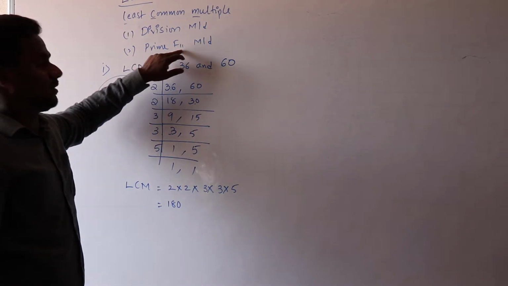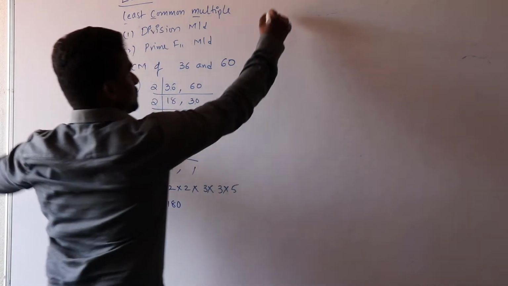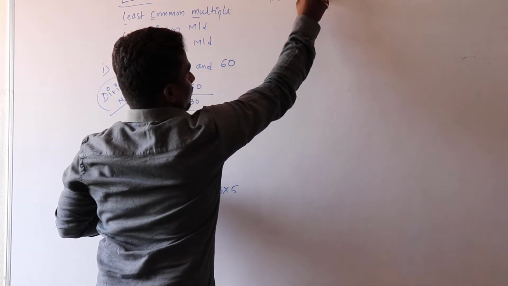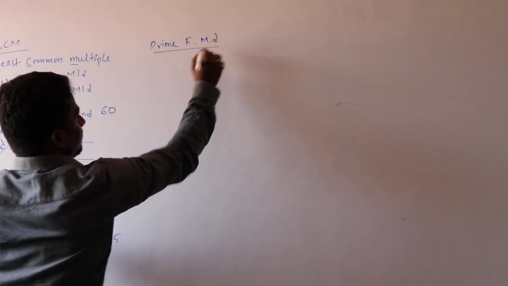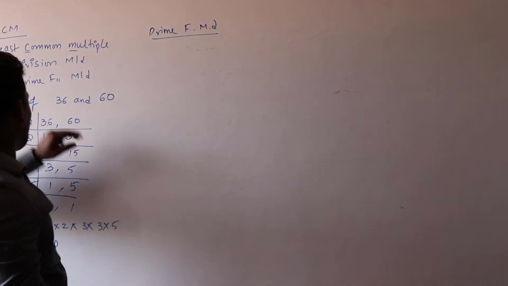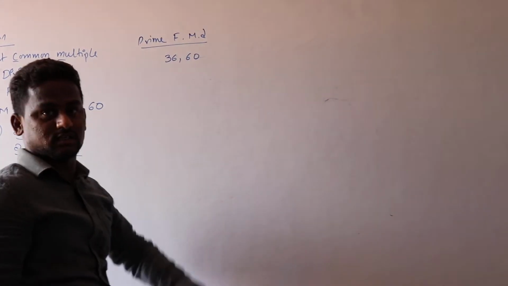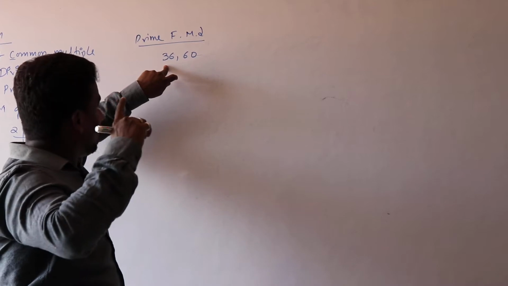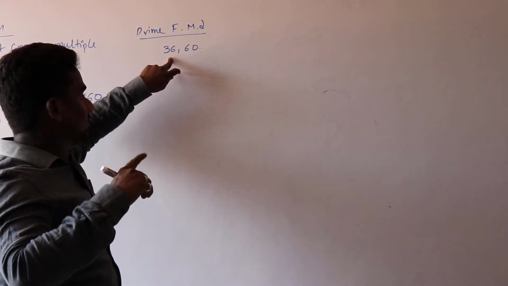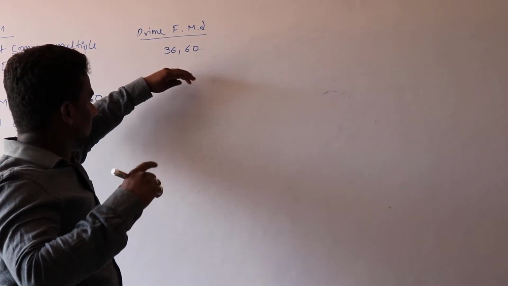So what is the next method? The prime factorization method, of the same numbers 36 and 60. Already we did prime factors of 36 in HCF.